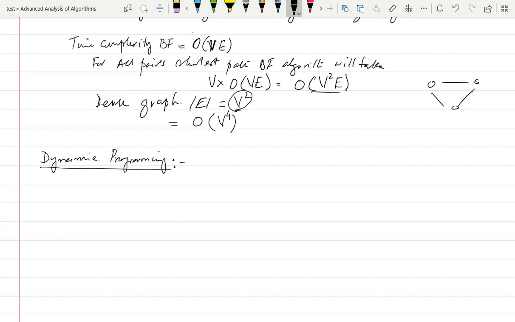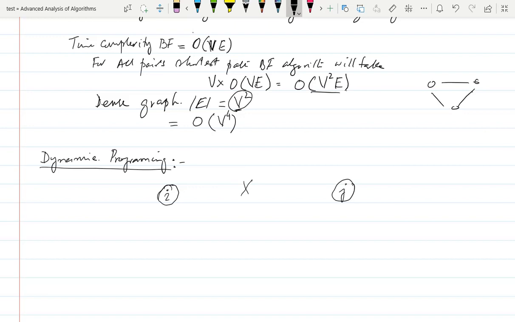Okay, so let's say I have a starting node i and I want to go to some node j. Initially, I say that okay, I am not allowing any edge to be added and I want to find the shortest path between i to j. So that means I am not allowed to use any edge between i to j.